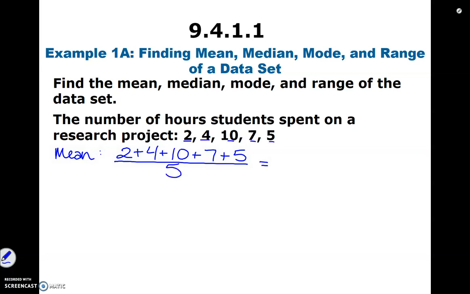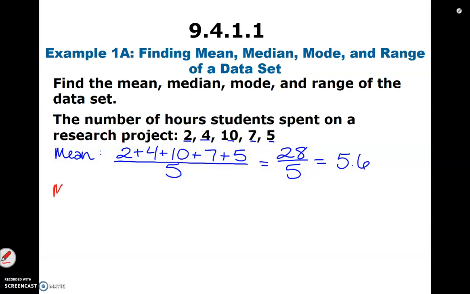Okay, so let's see, 2 and 4 plus 10 is 16, plus 7 is 23, plus 5 is 28. So let's use a calculator really quick to find out what is 28 divided by 5, and that is 5.6. So 5.6 hours is your mean.